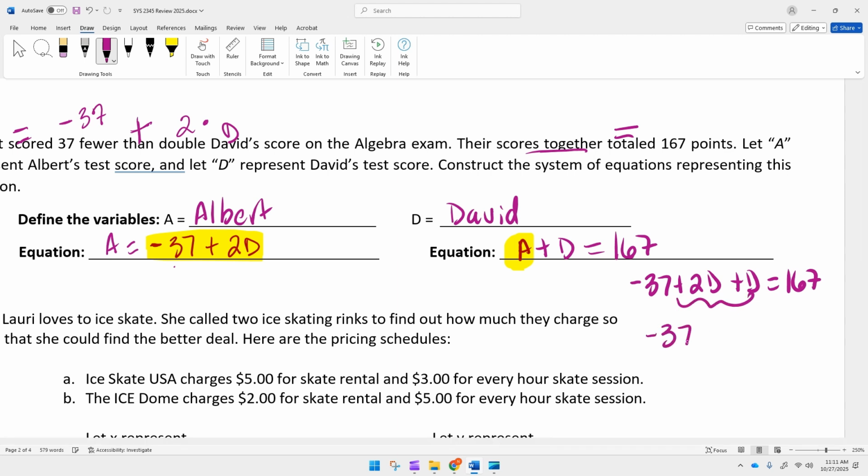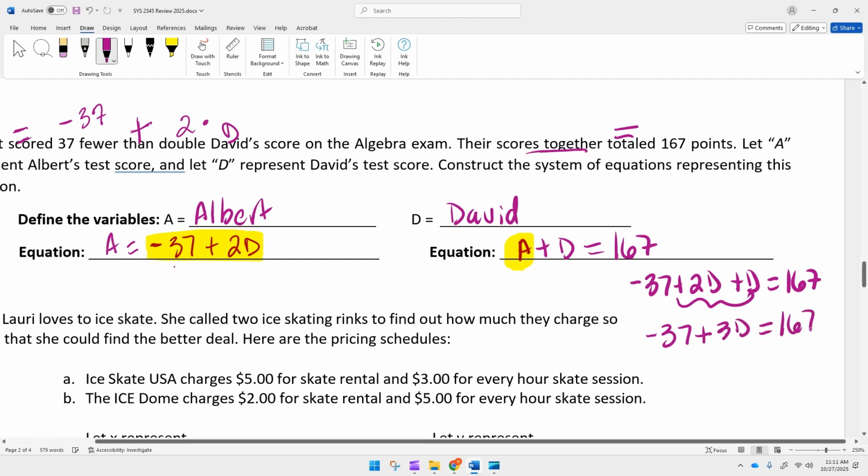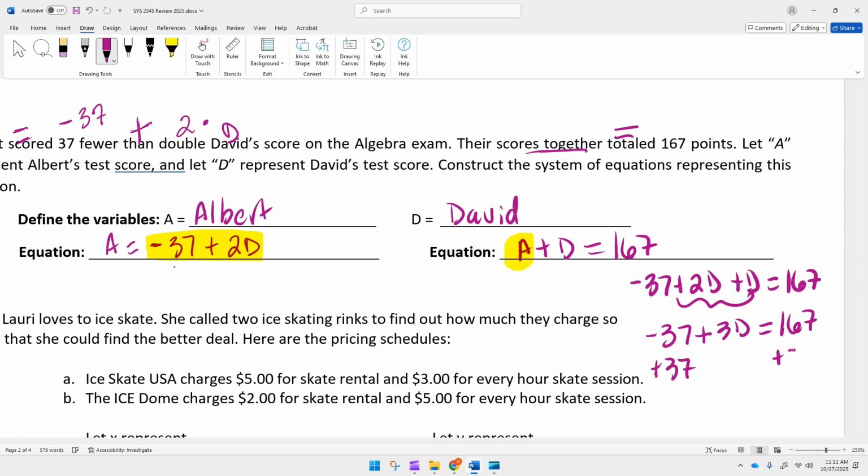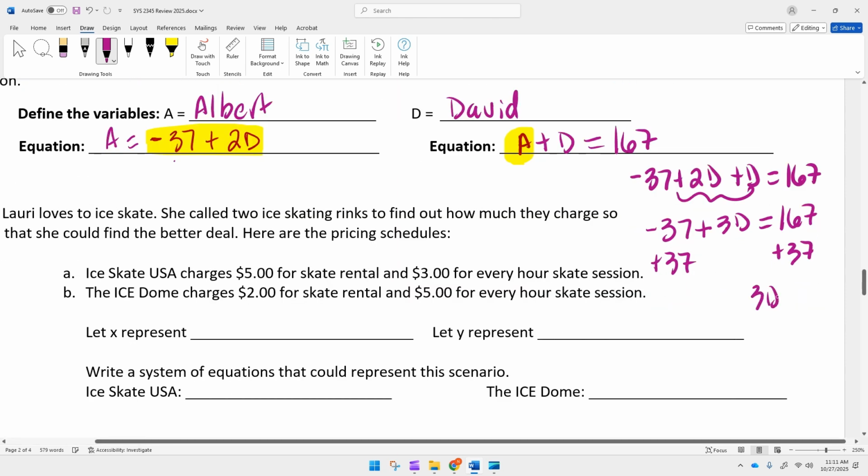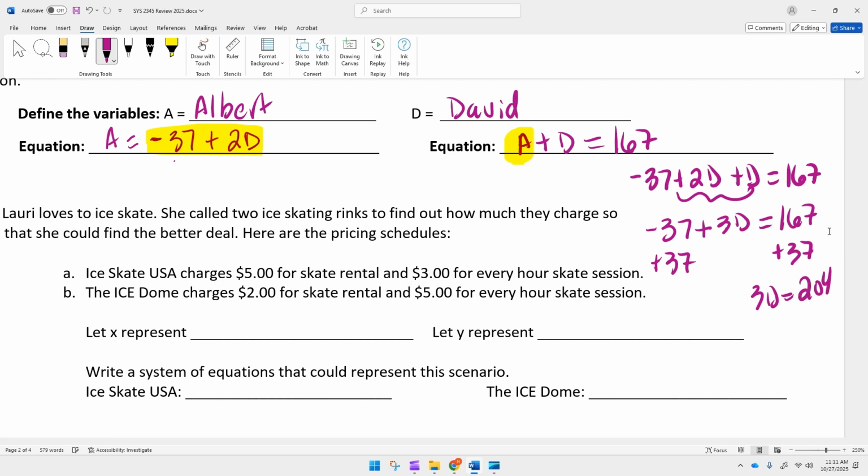That gives me minus 37 plus 3D equals 167. Add 37 to both sides. That gives me 3D equals 204. Divide by 3 gives me 68. So David got a 68 on the exam.